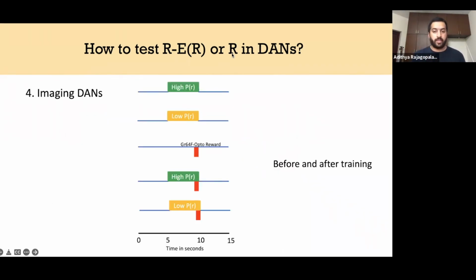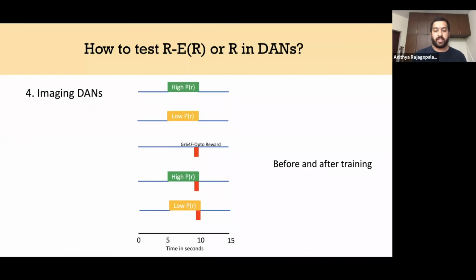And then the final thing that we're going to look at is imaging the activity of the dopamine neurons while we are training. So if we could compare how they respond when the reward is not predicted versus when the reward is predicted, this could provide insight into whether the dopamine neurons are actually modifying their activity based on expected reward.